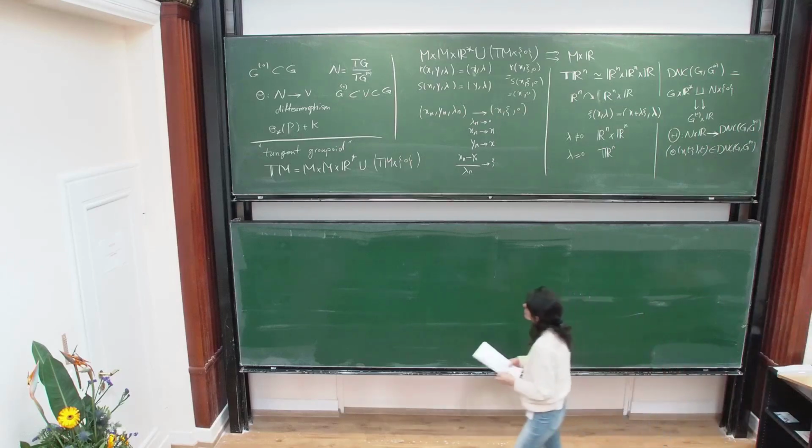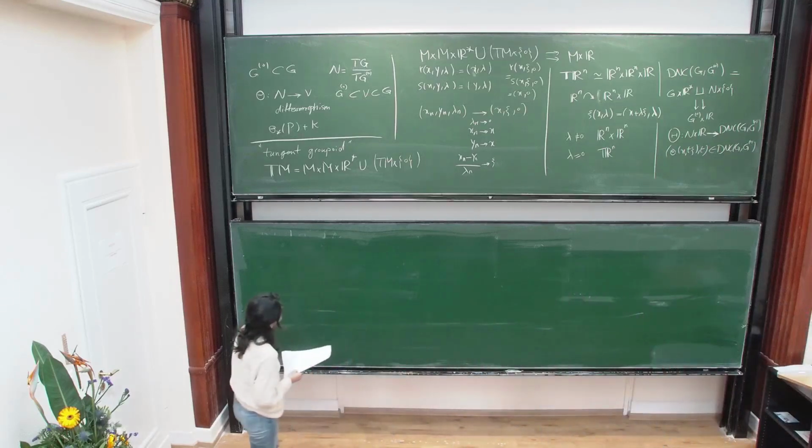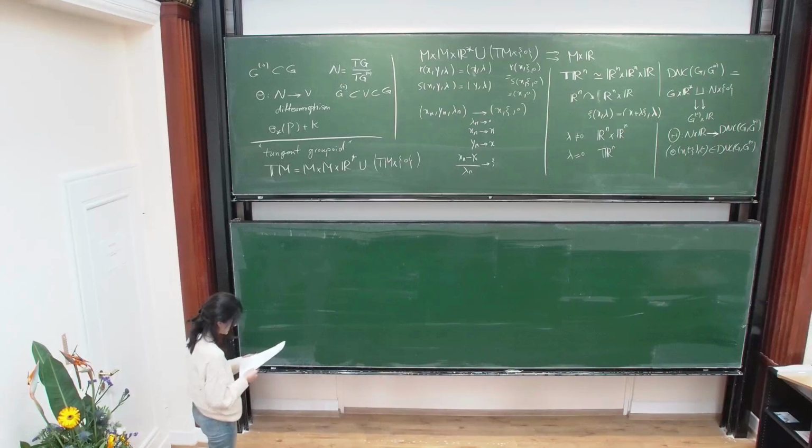Yeah, we put a smooth structure on DNC, so it is a groupoid.